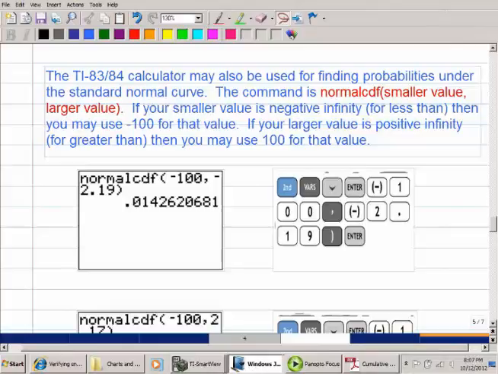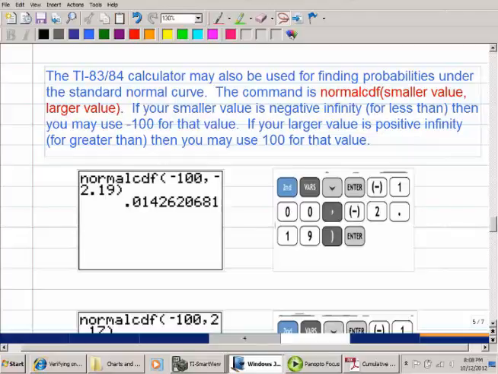Now I put in negative 100. In real numbers that doesn't sound like it's very small. I'm using that to represent negative infinity. You might think you need a number with a bunch more digits, like negative 10 million or 100 million. But on the normal curve, negative 100 is pretty far out there because 99.7% of your curve is between negative 3 and positive 3 standard deviations.